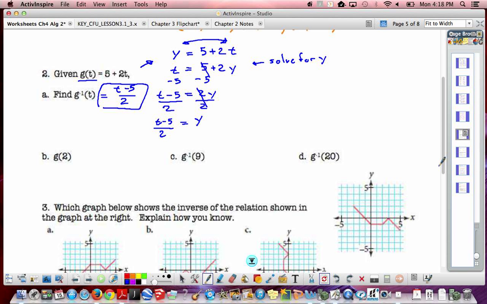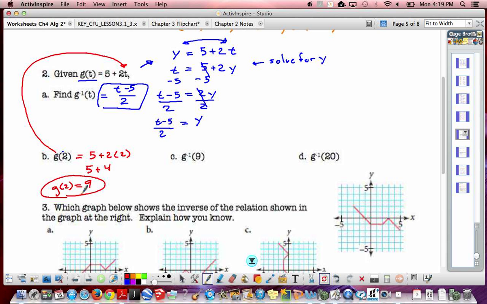So find g of 2. To find g of 2, we go back to the original function, replace the t with 2. So when I do that, I get 5 plus 2 times 2, 5 plus 4, so g of 2 is 9.